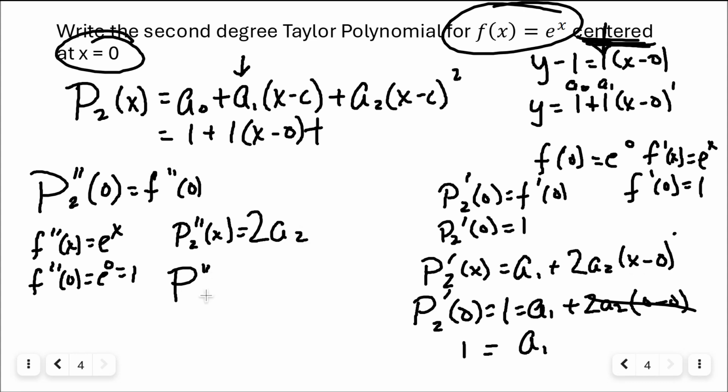So p sub 2 double prime evaluated at 0 is equal to 1, right? We just calculated that. That's equal to 2 times a sub 2. So a sub 2 is a half.